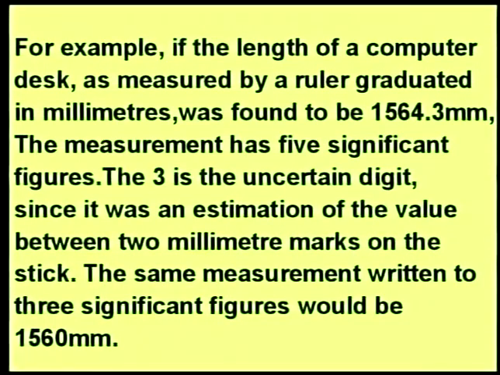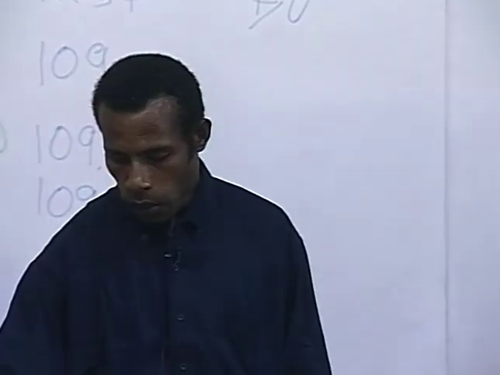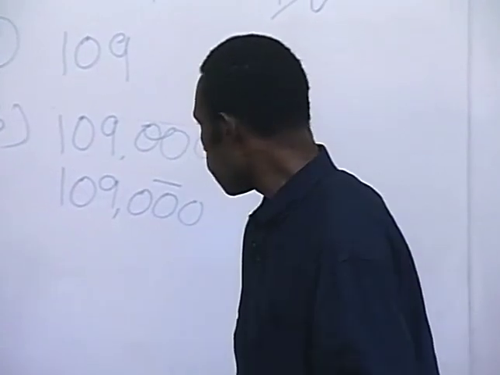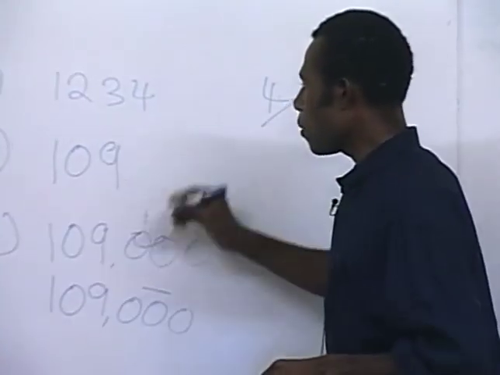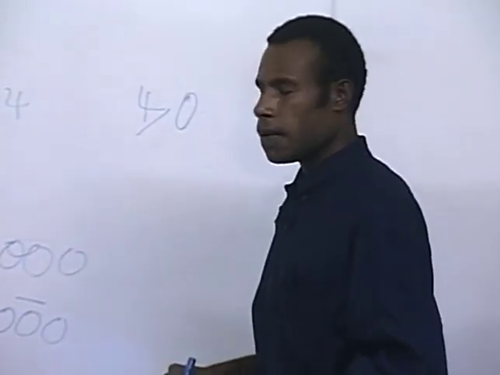Now the same measurement, if we have to write it in 3 significant figures, will be 1,560. Now if we go on, there are some examples given here. I'll quickly go through and then I'll explain how you can find the significant figures.